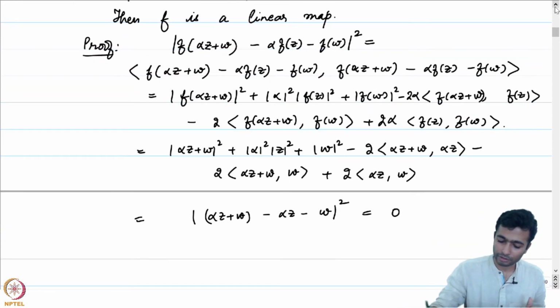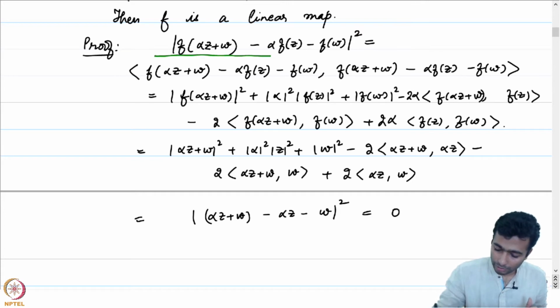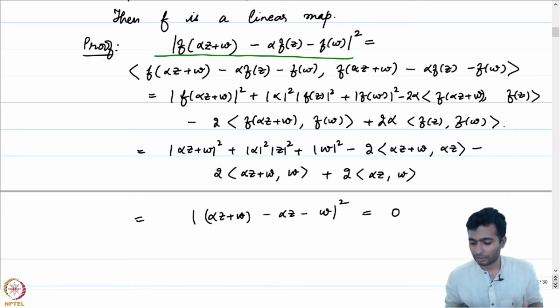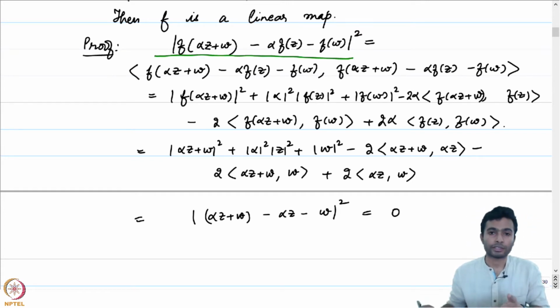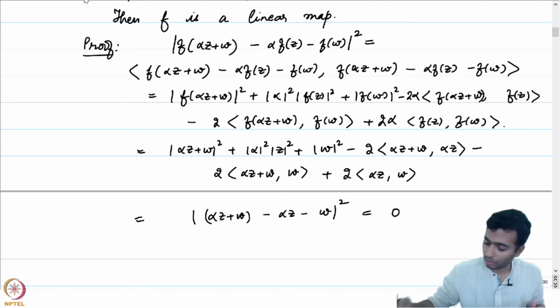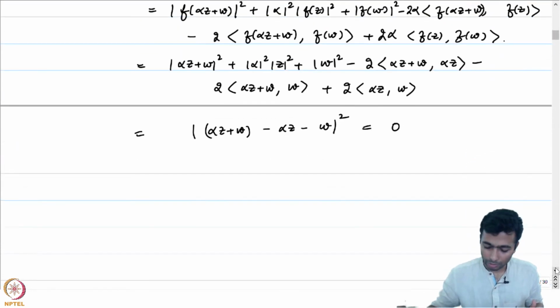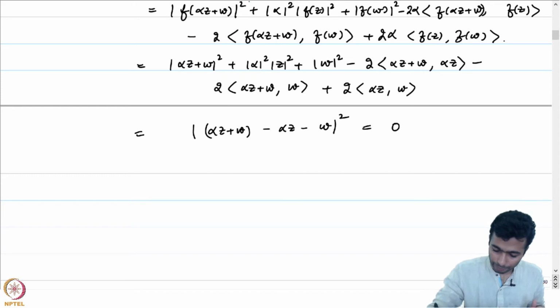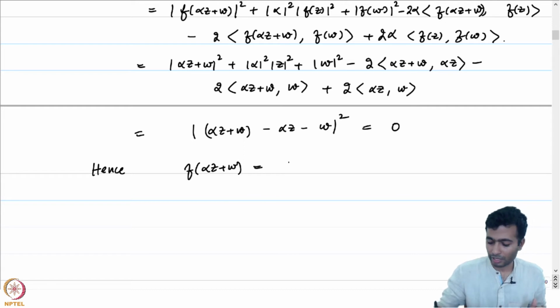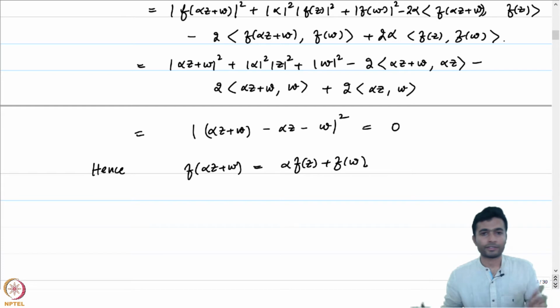We started off with an element like this, and we proved that the absolute value of that is equal to 0. Therefore, the element, the complex number itself, should be 0. Hence, f of alpha z plus w is equal to alpha times f of z plus f of w. f is a linear map.